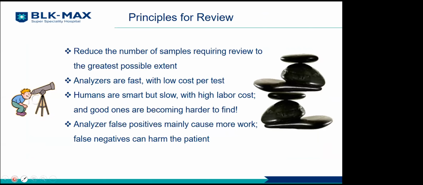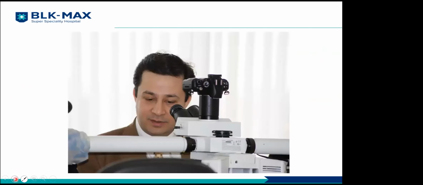And of course, we also have significantly higher labor costs in some regions of the globe. Also importantly, sometimes we may have false positive results from the analyzers, which can potentially increase your burden. But at the same time, you don't want to have a false negative, because that can harm your patient. So obviously, when you're looking at review in general, you have to look at the workload of the test, but at the same time visualize the risks which you can potentially have for the patient.